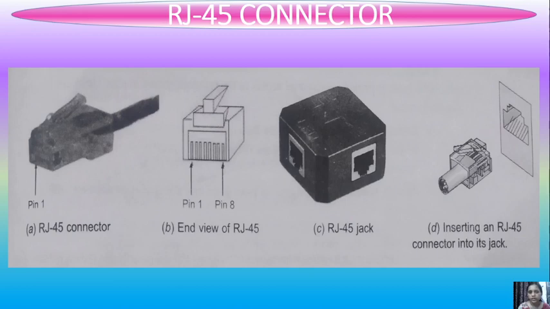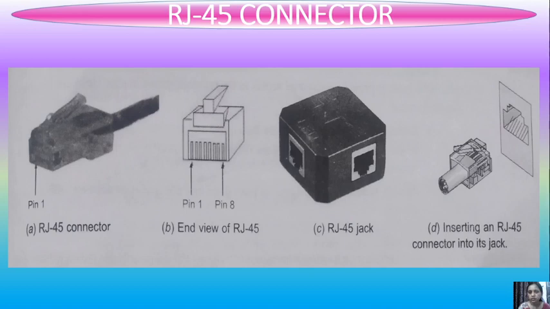And C is the RJ45 jack. This is the jack, or we can say port, where we can connect this RJ45 connector. And at the last, D, is inserting an RJ45 connector into its jack. So this last D image shows how we can insert this RJ45 connector into its jack. So this is the image, you can understand this.